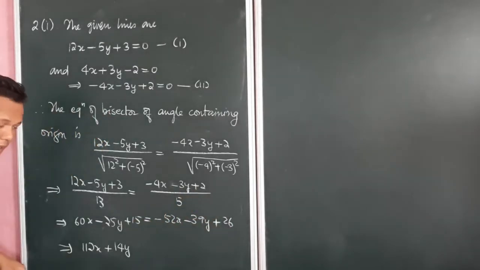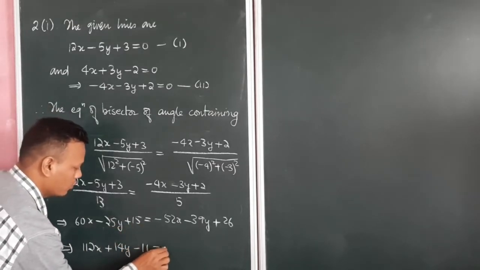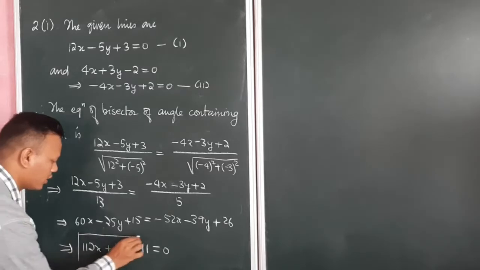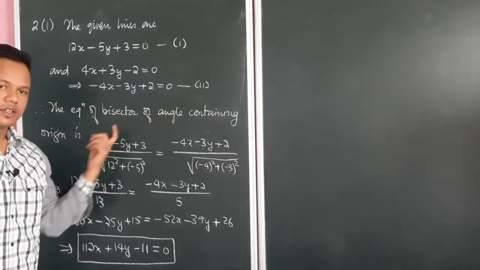This comes over here and becomes minus, so minus 26 plus 15 is minus 11 equals 0. So this is the required equation of the bisector of the angle containing the origin.